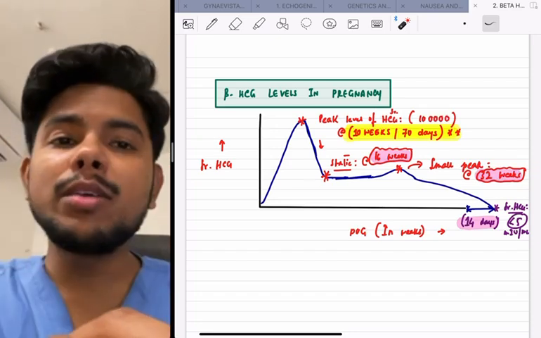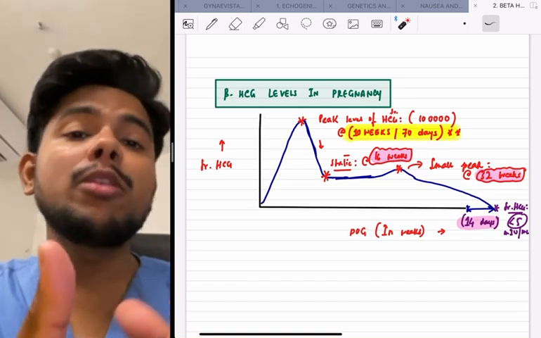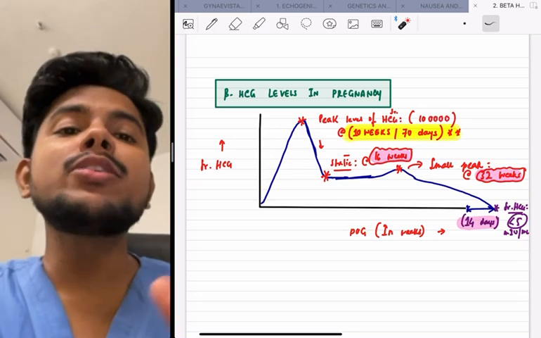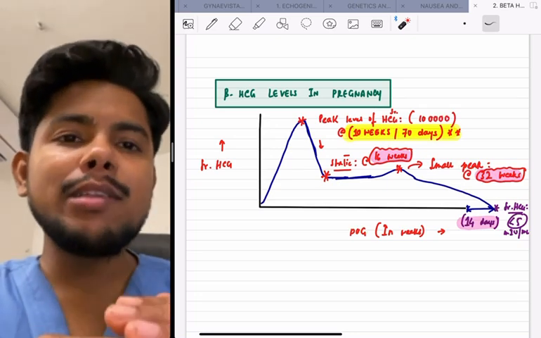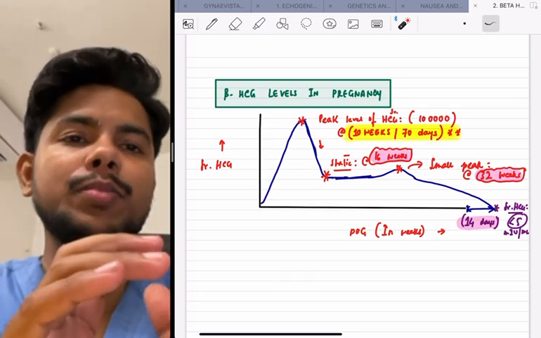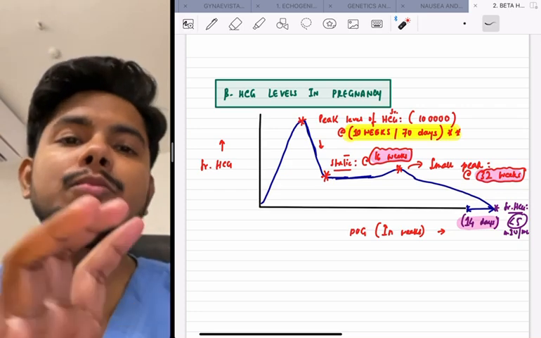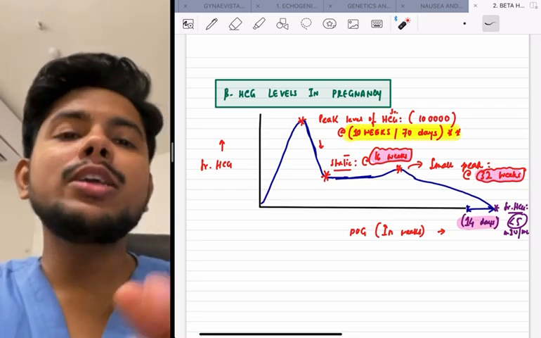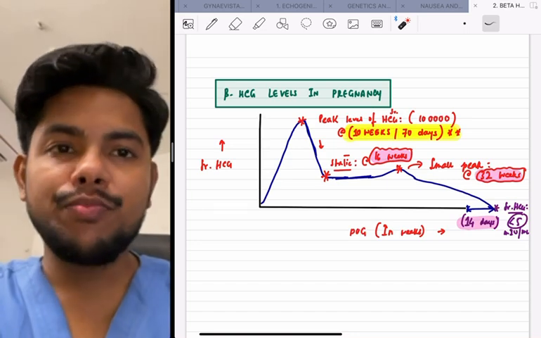Now this terminology is coming from a Latin word. Corpus means body and luteum means yellow. As the gross appearance as well as the microscopic appearance of the corpus luteum is yellow, we call it yellow body, or corpus luteum.